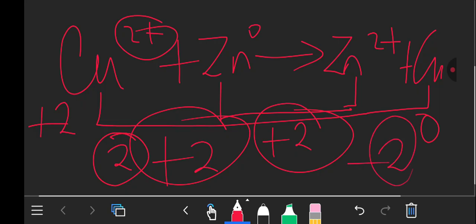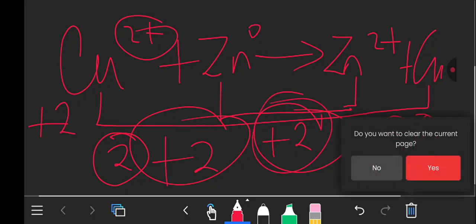When you just write 2, 2 is just a general number, so you need to specify what you are talking about. For oxidation, always write a sign in front to show the oxidation state.